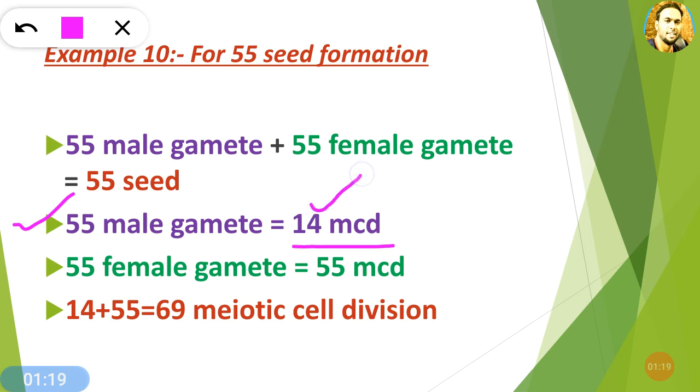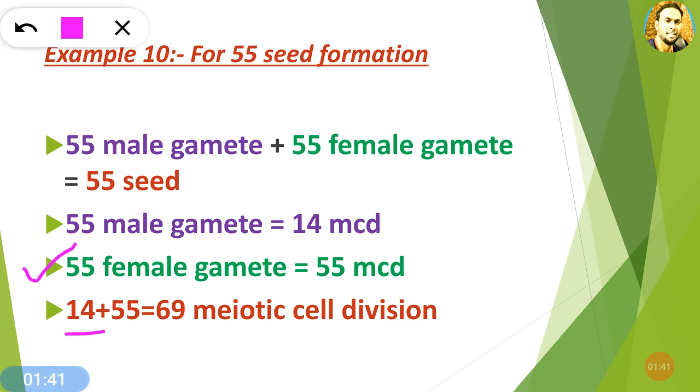By 14, 56 male gametes can be produced. Here the figure is 55, that's why 14 meiotic cell divisions are needed for the formation of these 55 male gametes. So that's why 14 is here.